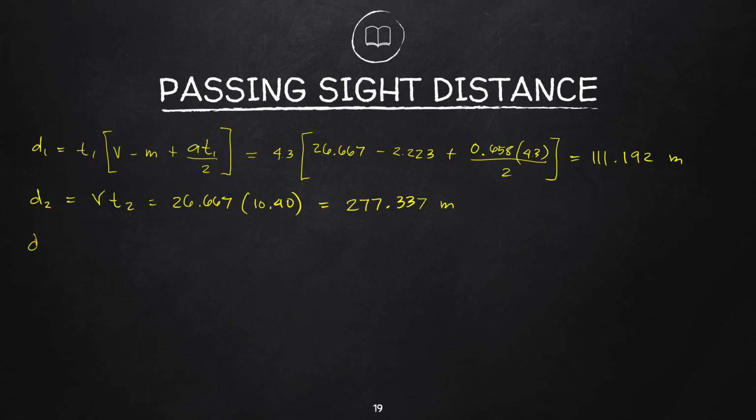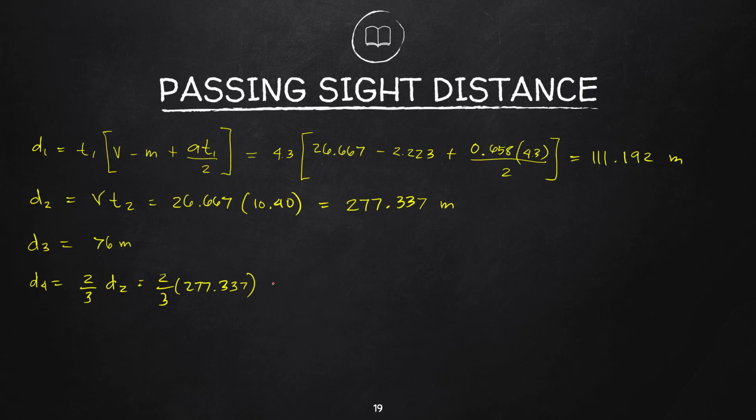We have your d sub 3. It was given as 76 meters, and we have your d sub 4, which is equal to 2/3 of d sub 2. And this should be equal to 2/3 of 277.337.